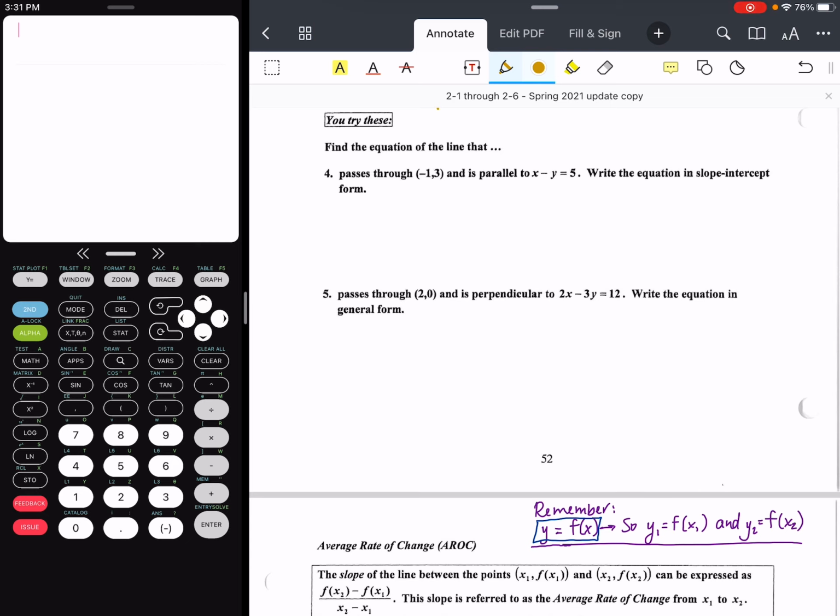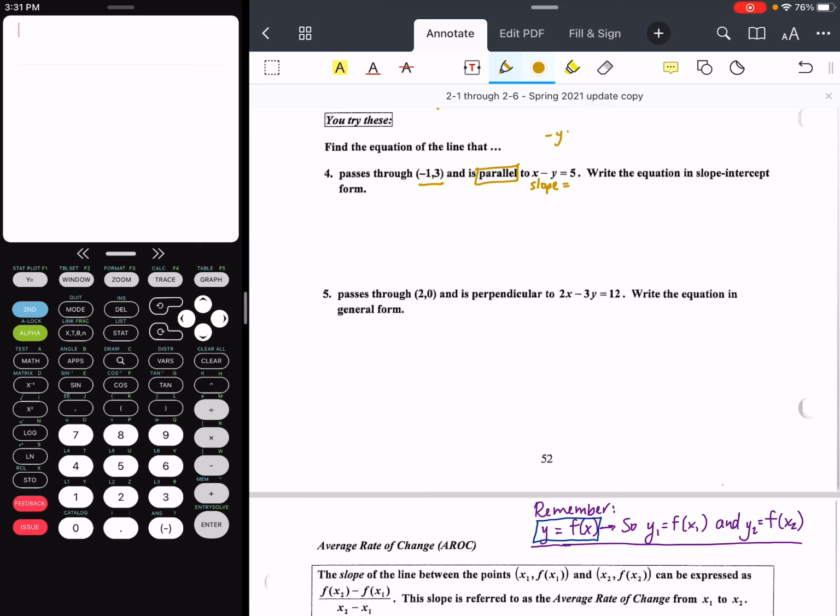All right, so for number 4, find the equation of the line that passes through negative 1, 3 and is parallel to the equation x minus y equals 5. I want to find the slope of this equation, and then that will also be my parallel slope. So in order to do that, I need to solve this for y.